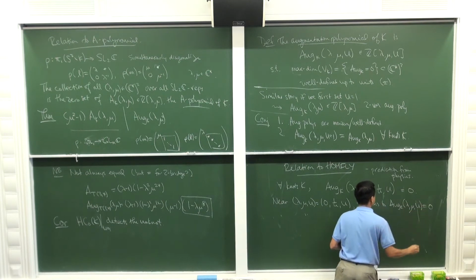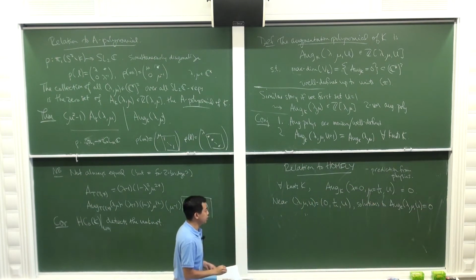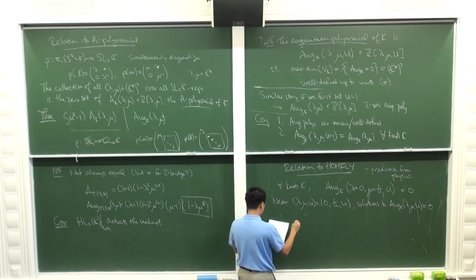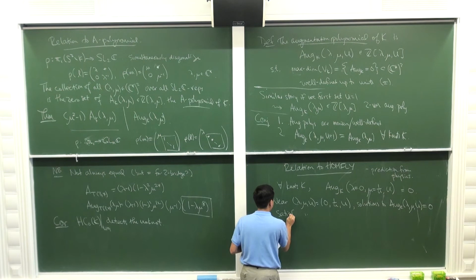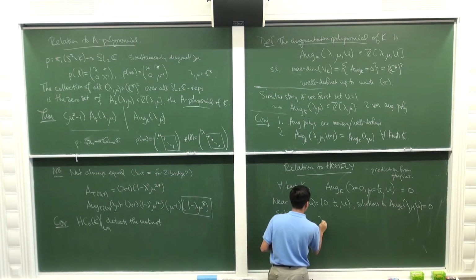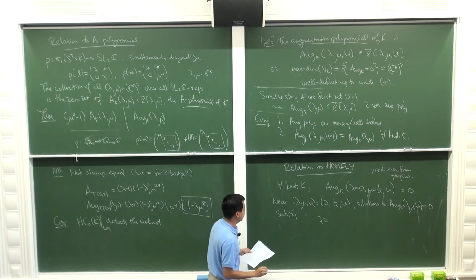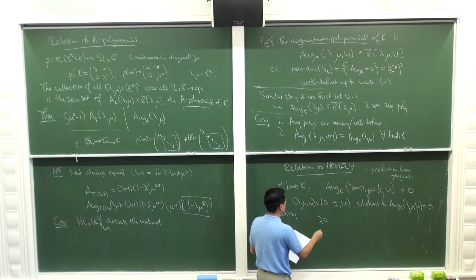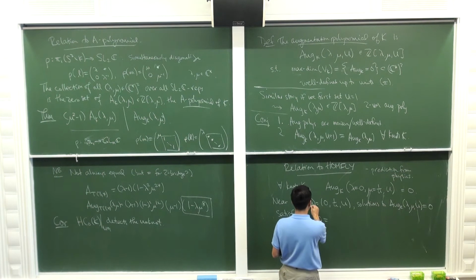If you look at solutions to this equals 0, in other words, points on the augmentation variety near this curve, essentially I just want to take some sort of Taylor series for this in terms of u.